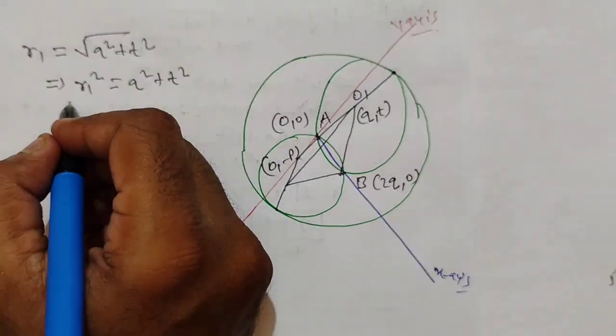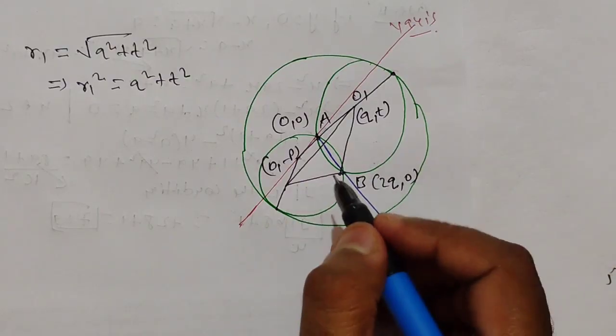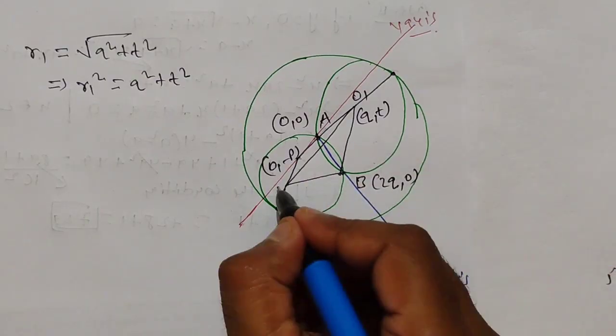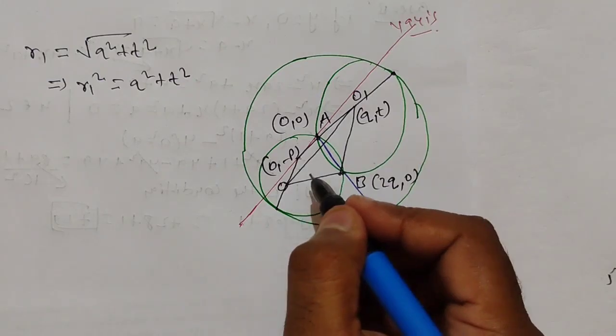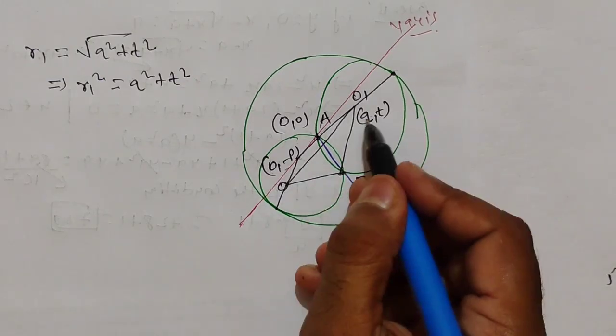Now as the distance from the point O1, we have to use these coordinates.